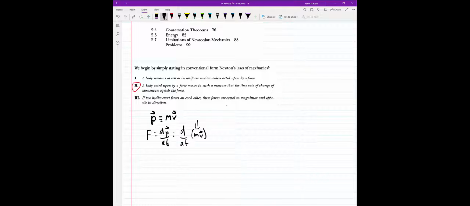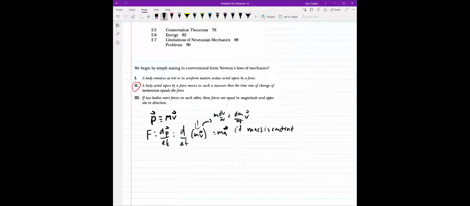If mass is constant, well, the derivative of velocity is acceleration, so that's just ma. Later on in relativistic courses, where mass can change, you'll have to do the chain rule, and you're going to have m dv/dt plus dm/dt times v. So that's just something to know.